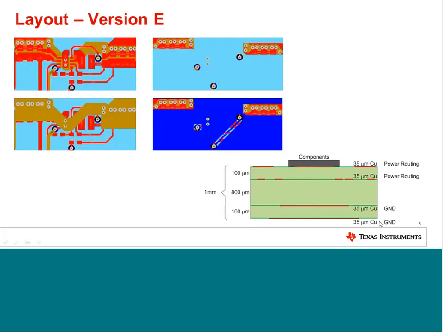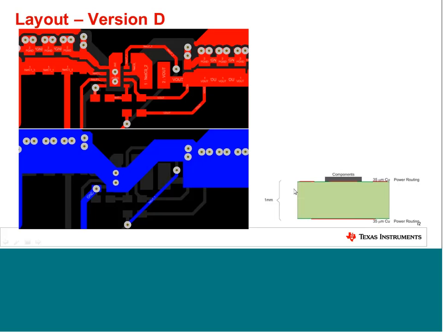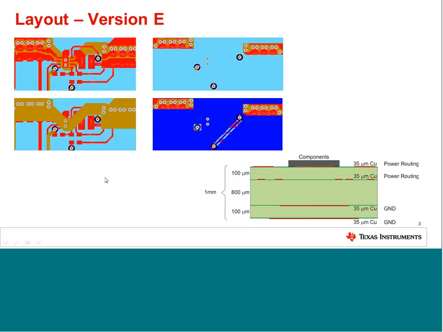Version E is 4 layers, and it's a combination of version D, I just switch back, with the routing of power ground and supply on top of each other with very similar geometry, and with shielding layers which are connected to ground on inner layer 2 and on the bottom layer.